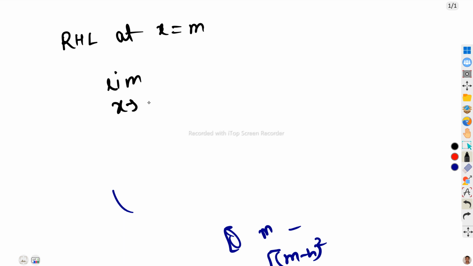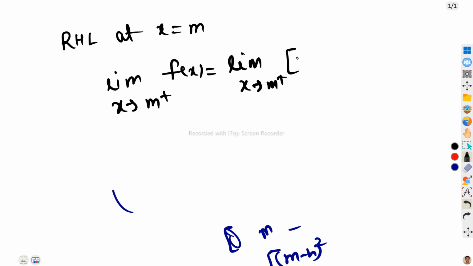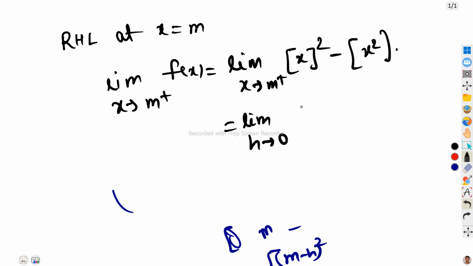This is denoted as x tends to m plus, and can be written as the limit as x tends to m plus of bracket x square minus bracket x square. Again, this can be written as limit h tends to 0 of bracket of (m plus h) whole square minus bracket of (m plus h) whole square.